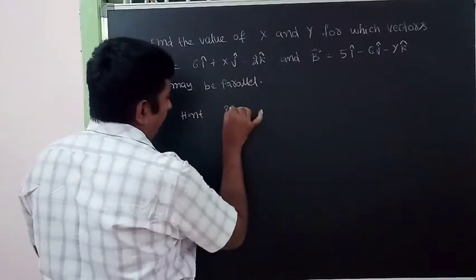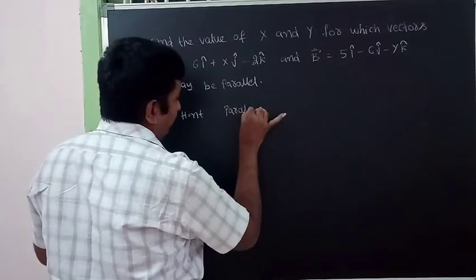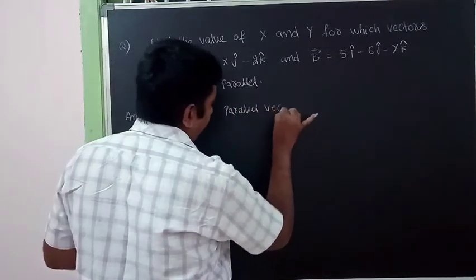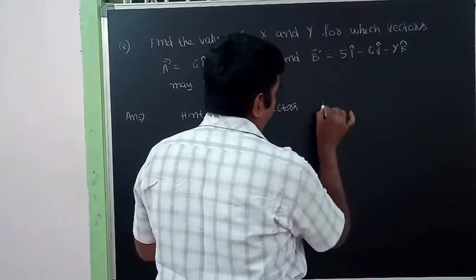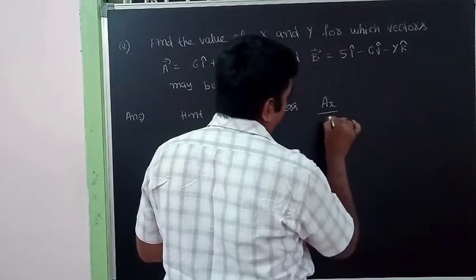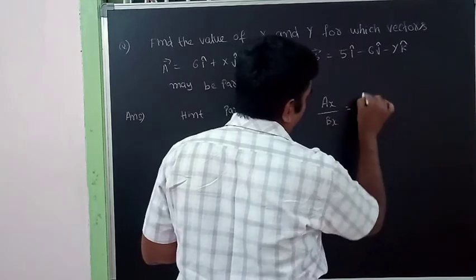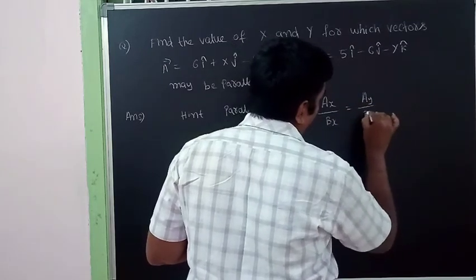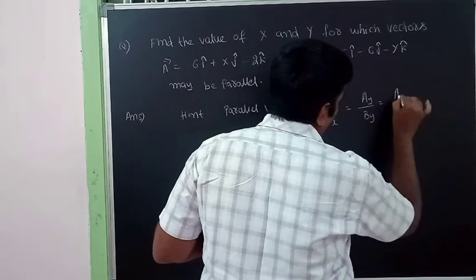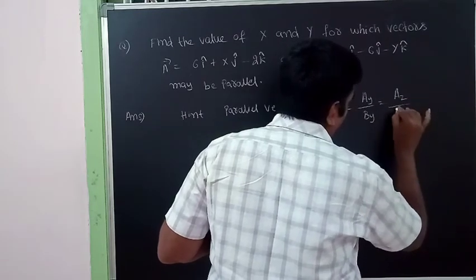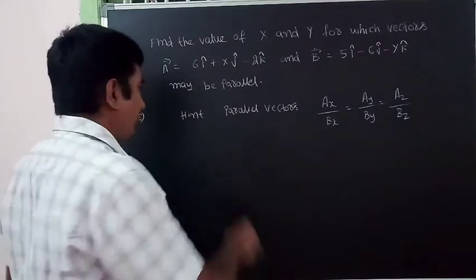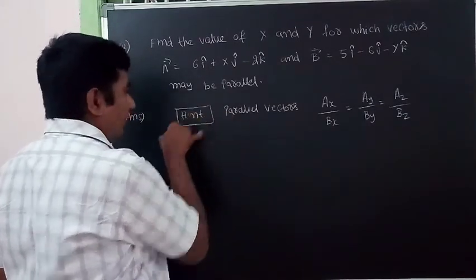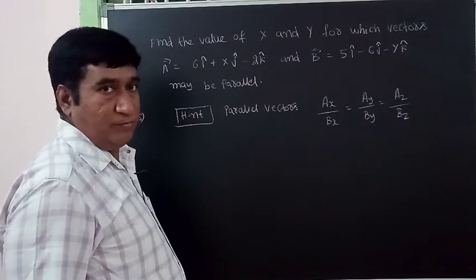Whenever they are parallel vectors, we can write ax by bx is equal to ay by by is equal to az by bz. So this is one small condition whenever we have parallel vectors.